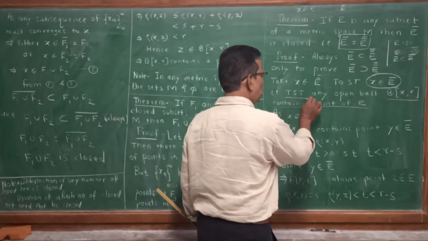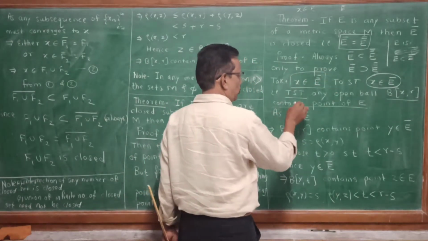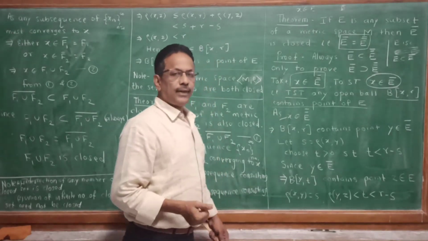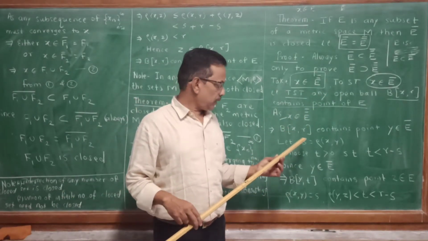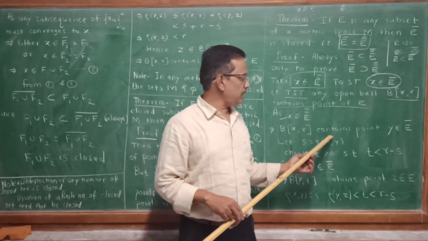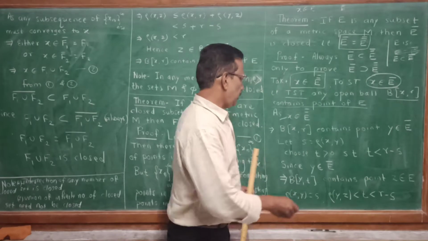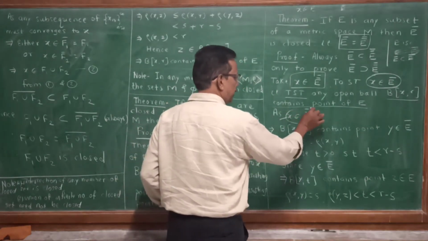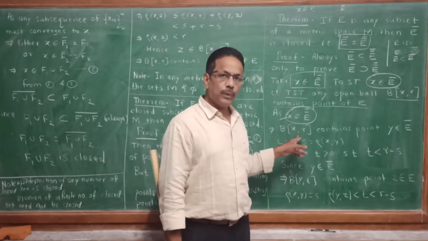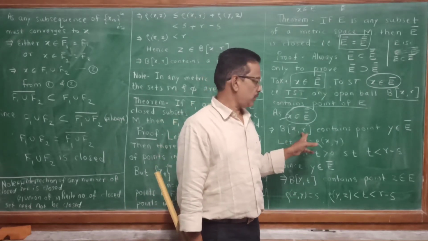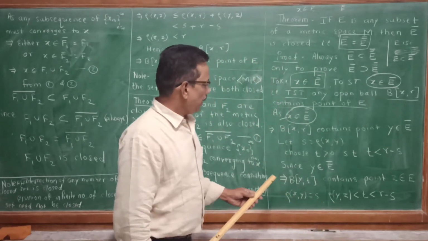Since x belongs to E double bar, then B of x, r contains a point y belongs to E bar. This is the meaning of x belongs to E double bar. Open ball of radius r about x contains a point y belongs to E bar.